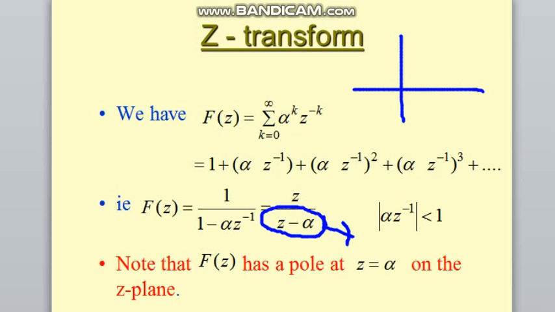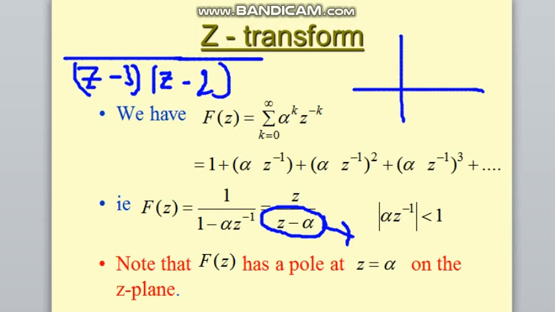So poles are like that. If it is z minus 1, multiplied by z minus 2, and here you get z minus 5.